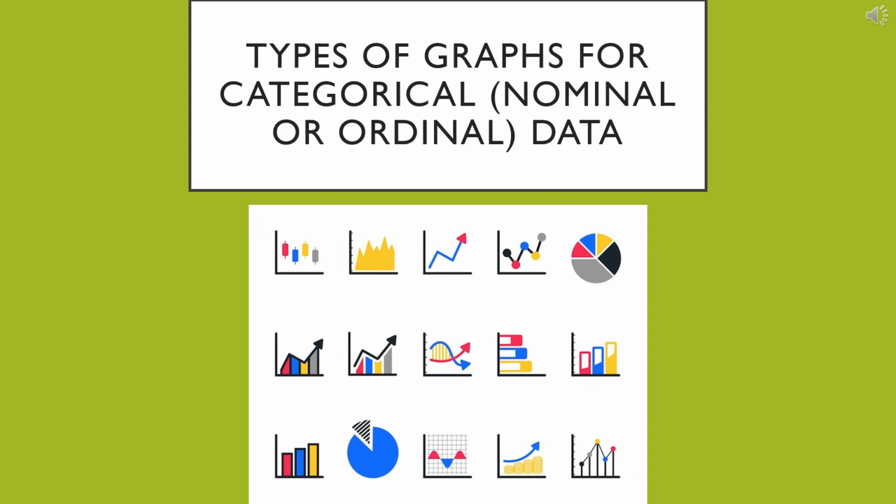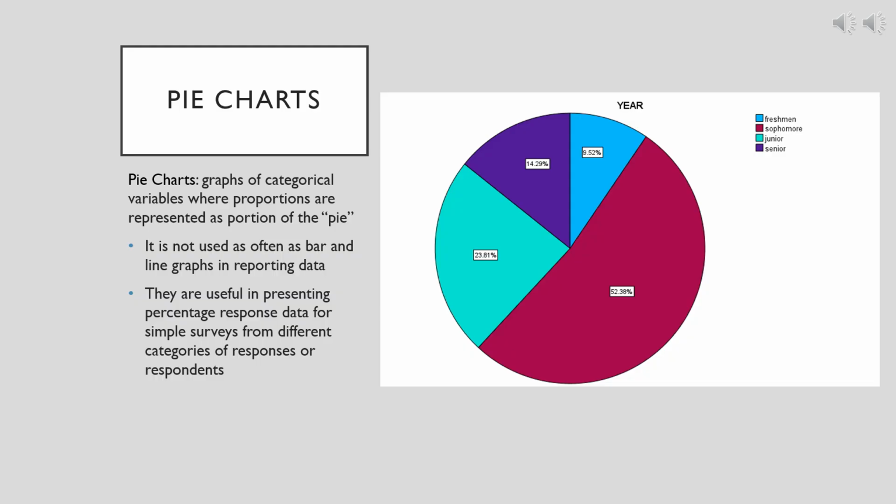So let's talk about the types of graphs that you might use for nominal or ordinal data. As I briefly mentioned earlier, when you have nominal or ordinal data, that's categorical types of independent variables, you can present them as pie charts, which could be really useful. So this example here is a nice pie chart that has ordinal data. These are freshmen, sophomore, junior, and seniors.